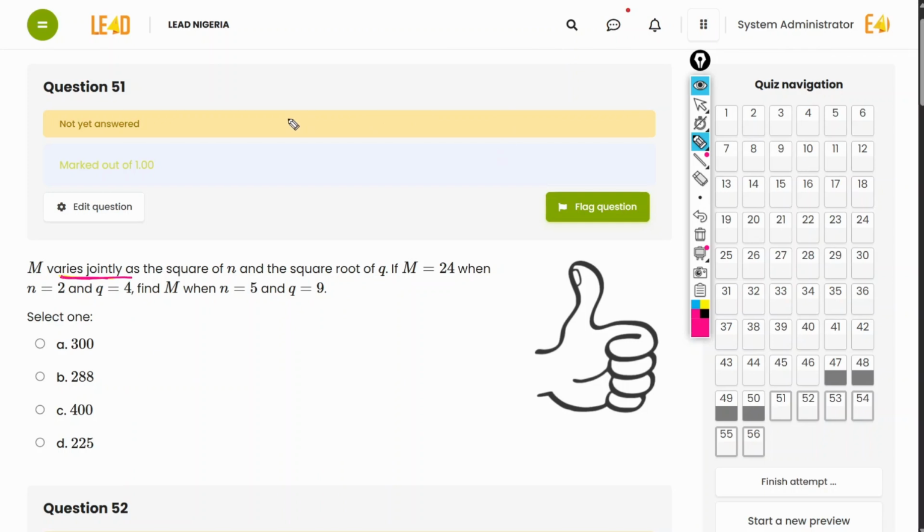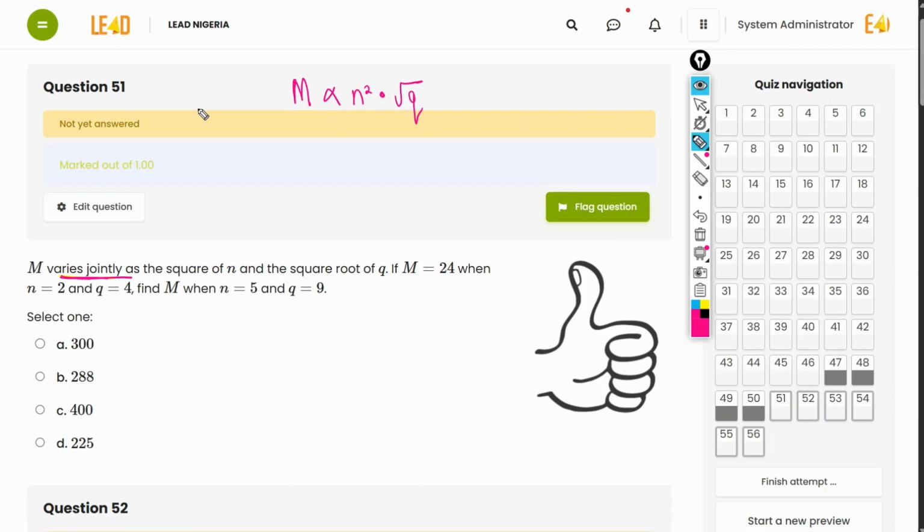So we have m varies jointly as n squared times the square root of q.